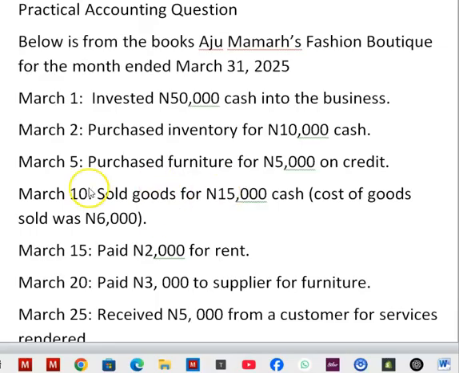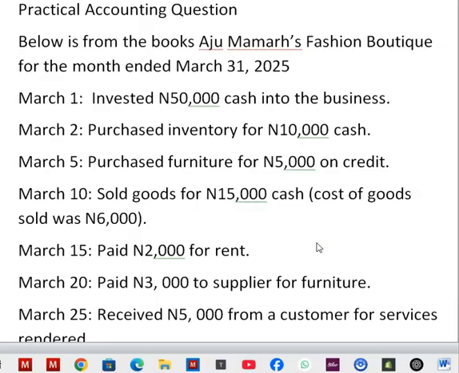So here we are with a very deep practical question that will highlight some of those things that we have discussed earlier.